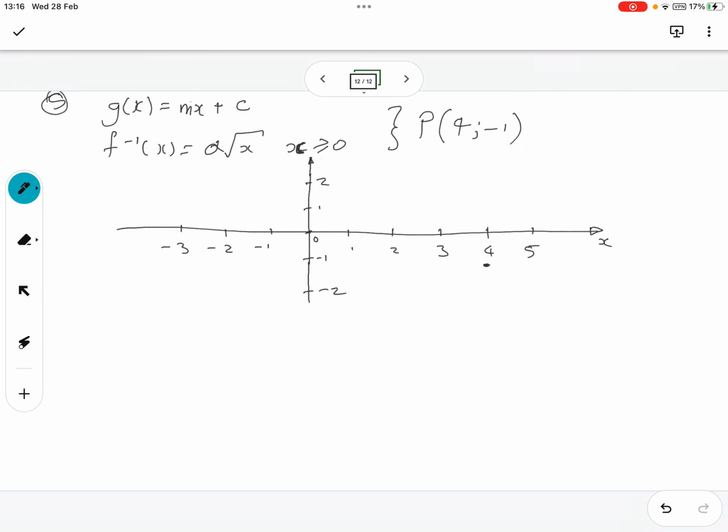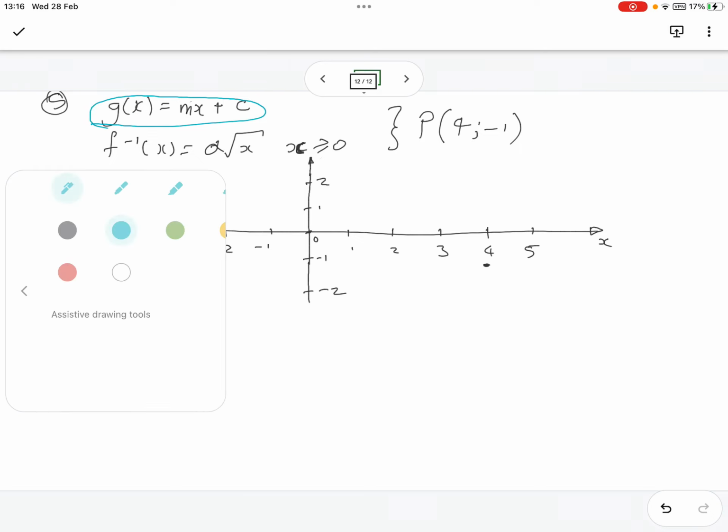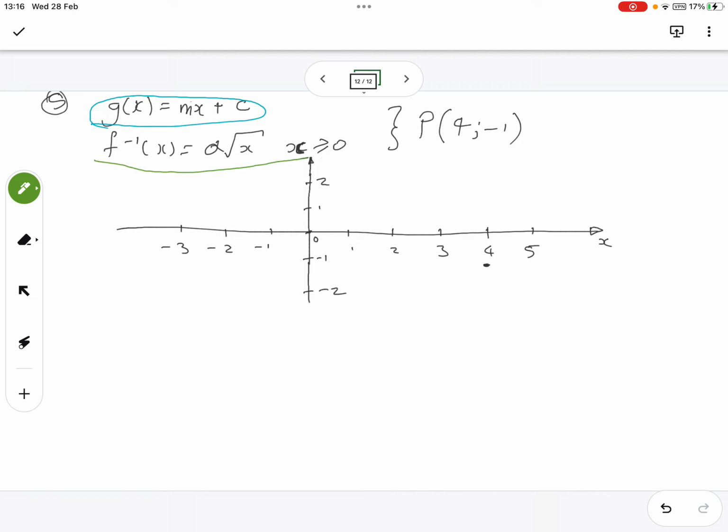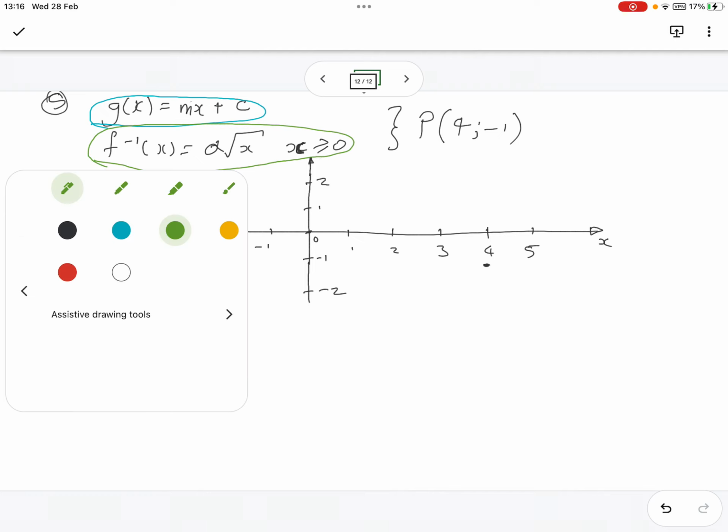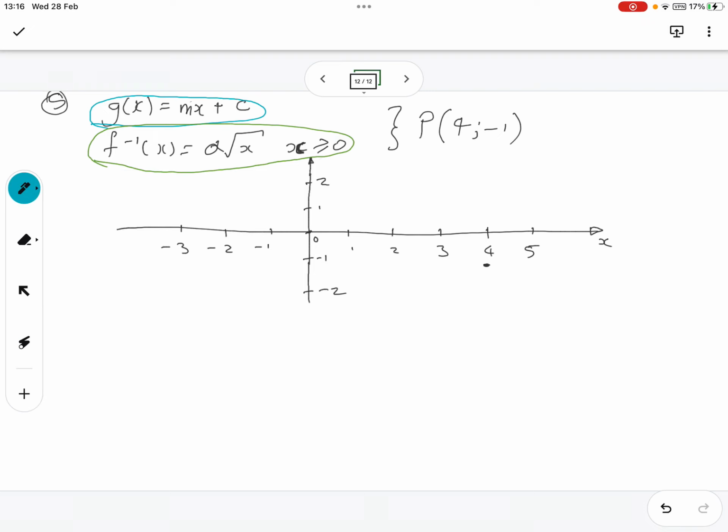I'll use a blue color for the straight line, g of x, and a green color for f inverse, the inverse of the parabola. The blue line passes through 0 and the point 4, -1.